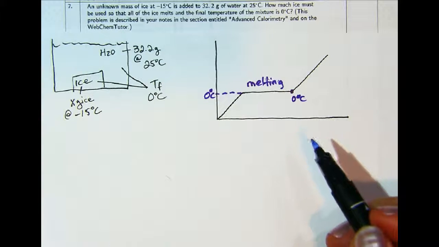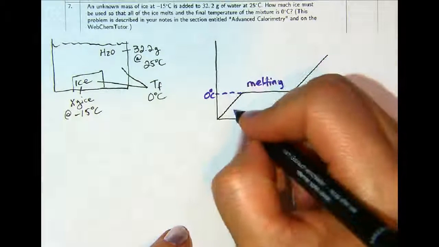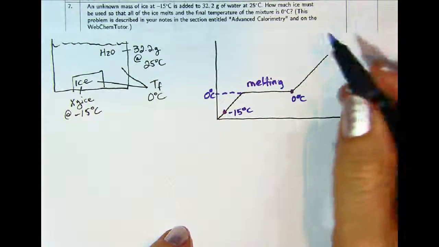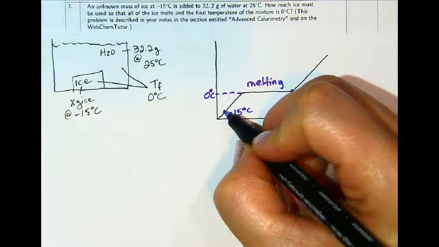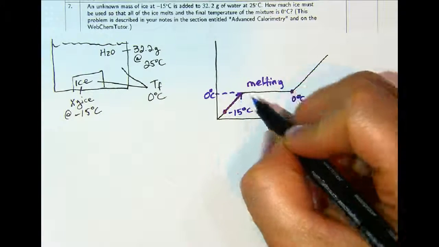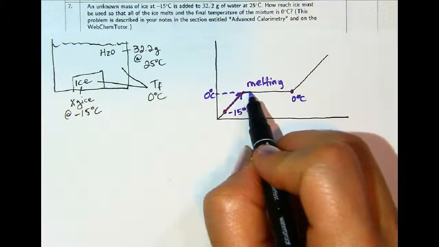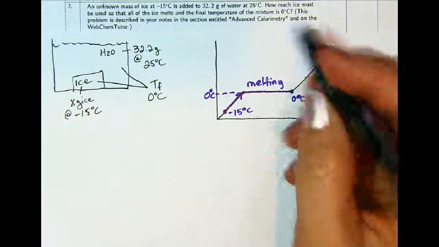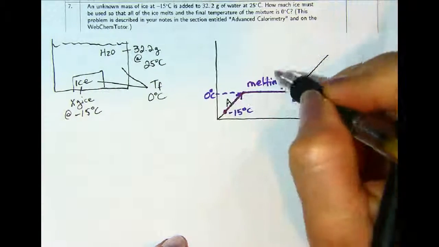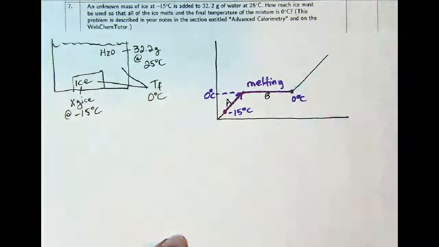And we have two things that are happening to our ice. First, the ice is at negative 15 degrees Celsius. So first we have to actually get the solid ice to reach the temperature where it will start to melt, and then we need all of the ice to actually melt. And so we'll call this segment A, and I'll call this segment B.